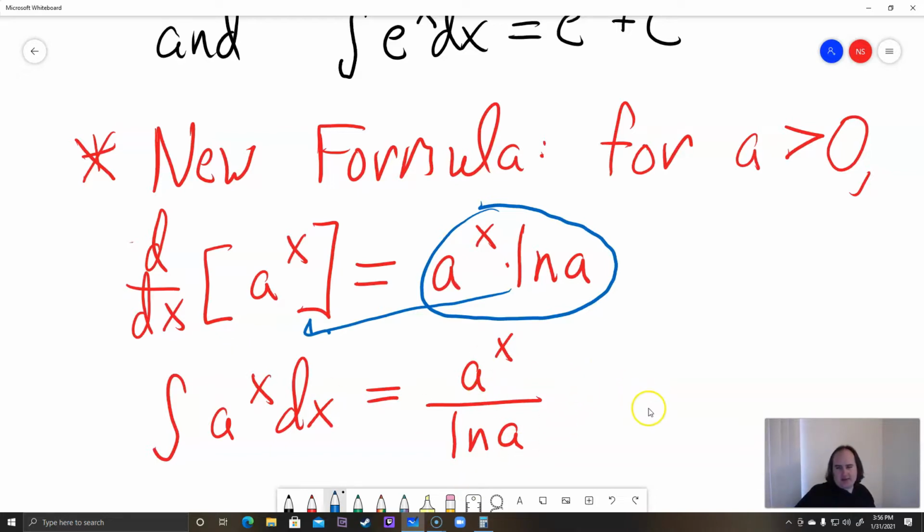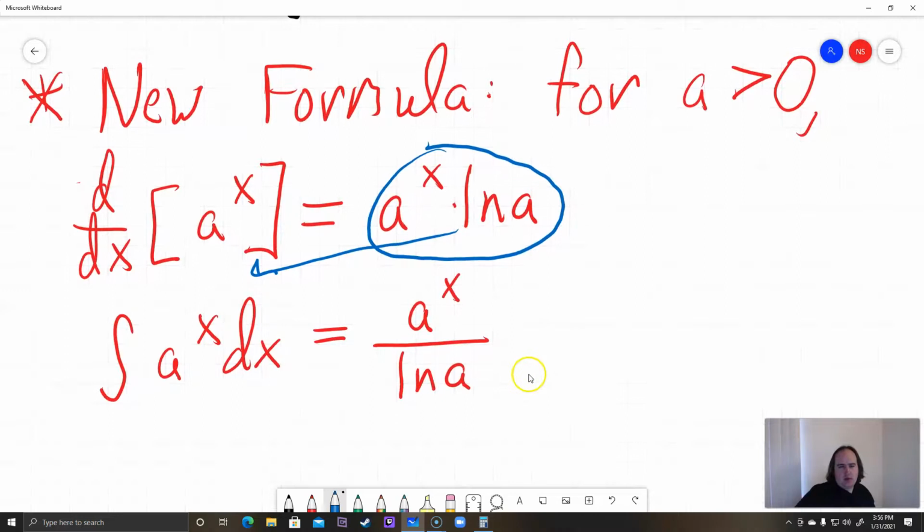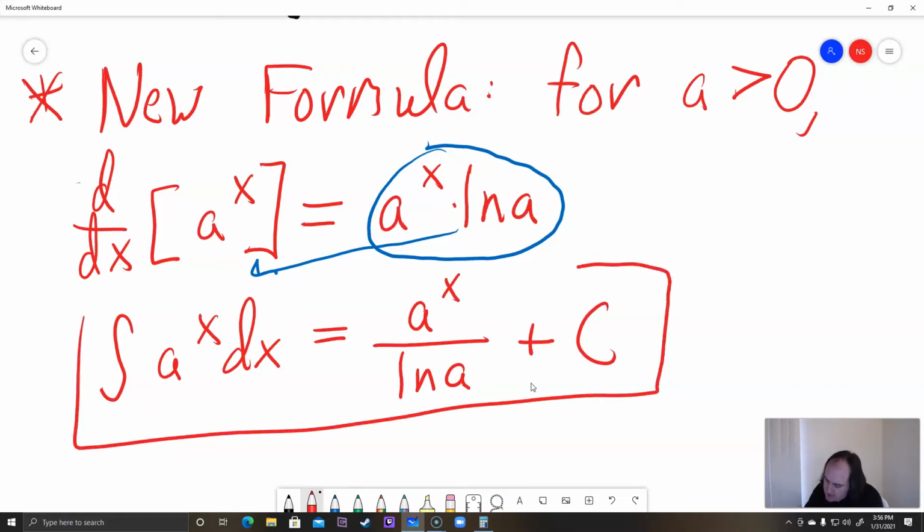Okay, hopefully that makes sense. And of course, if it's an indefinite integral, you also have to write plus c. So I'll go ahead and box our new formula. It's basically the same formula as the derivative, just because the integral is the inverse operation of the derivative.